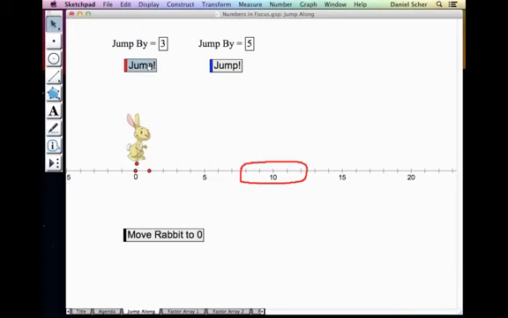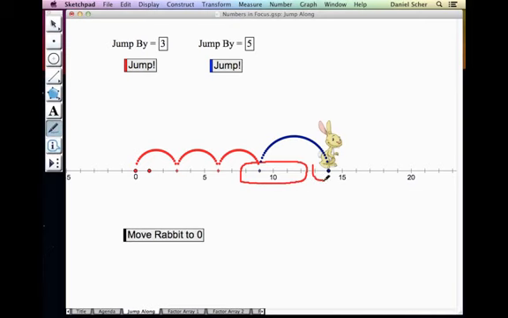If we can get the bunny to 12, actually to 9, I'm sorry. From 9, we can jump by 5, and we can get the bunny now to 14. So by starting at any of these 5 numbers and jumping by 5, the bunny can now reach, oops, wrong tool, the marker tool, these next 5 numbers. And we can keep using that same process to obtain the next 5 numbers in the bunny jumps.